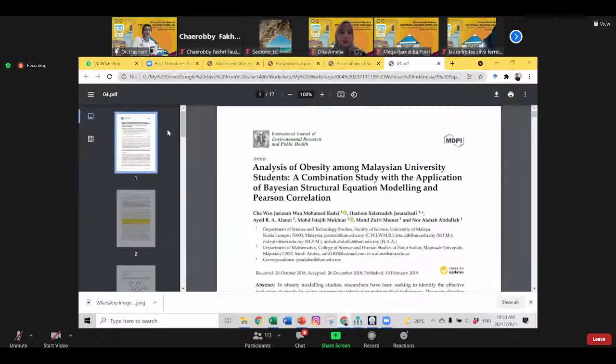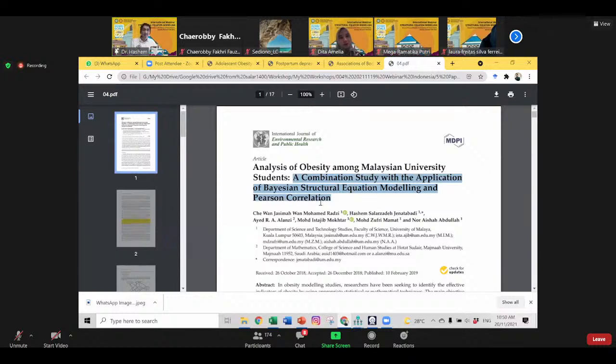If you look at this paper, also published in the International Journal of Environmental Research and Public Health, I'm also here as the corresponding author, and you can see the analysis of obesity among Malaysian university students. The best part is here. You're a statistician. We like it when we see this kind of topic: a combination study with application of Bayesian structural equation model and Pearson correlation.